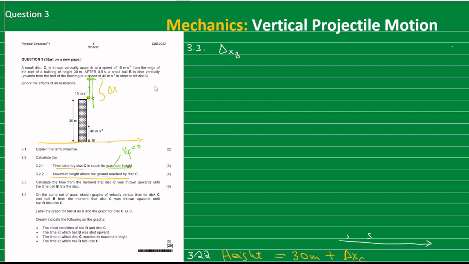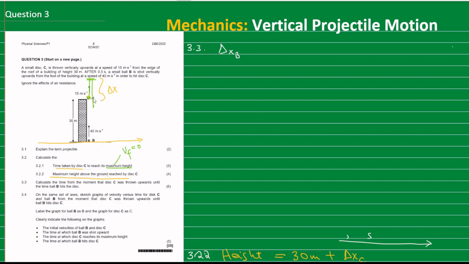At the instant where ball B hits the disk C, we realize that they are at the same height from the ground.